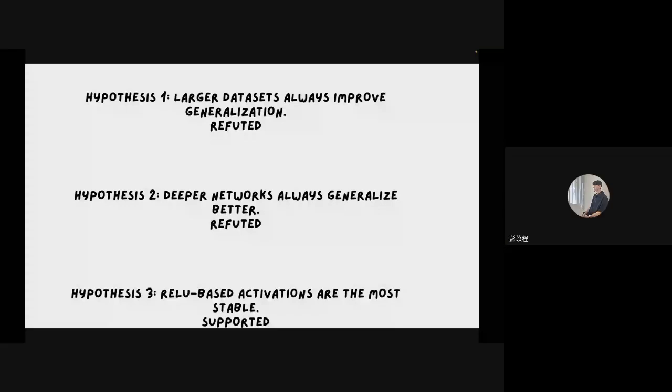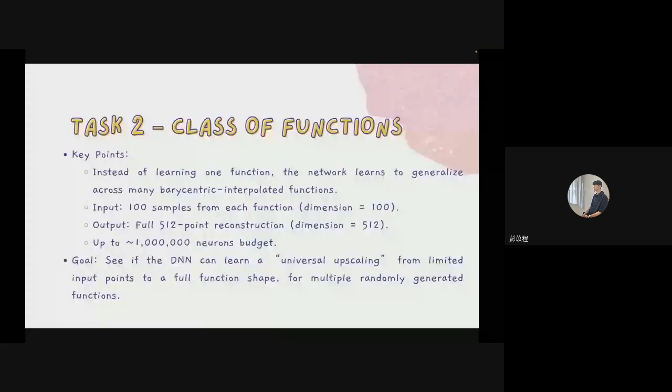Hi everyone, I'm going to introduce task 2 of challenge 1. First, I'm going to quickly introduce the primary task. Our main task is that we consider a family of barycentric interpolated functions. Each function is discretized into 512 points in 0 to 1.